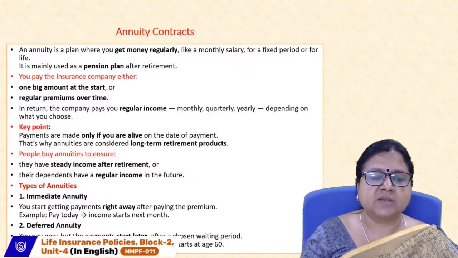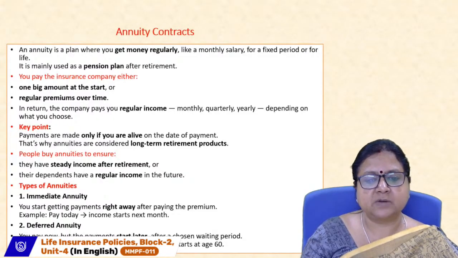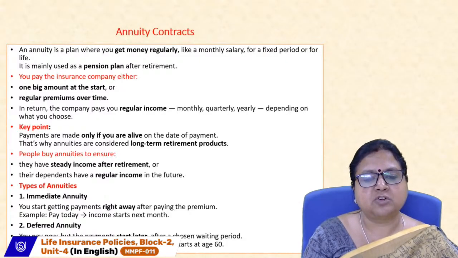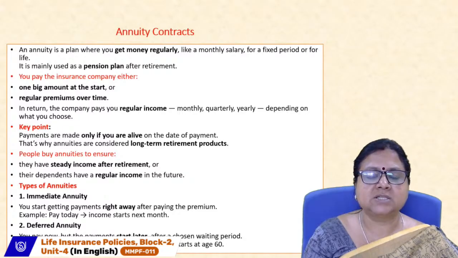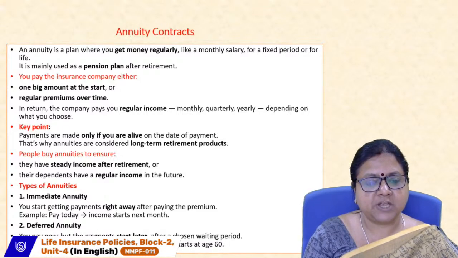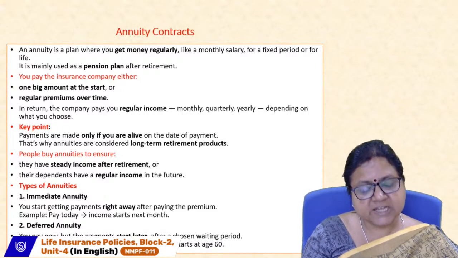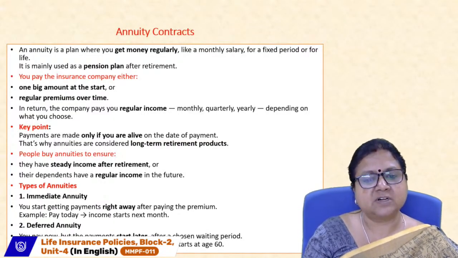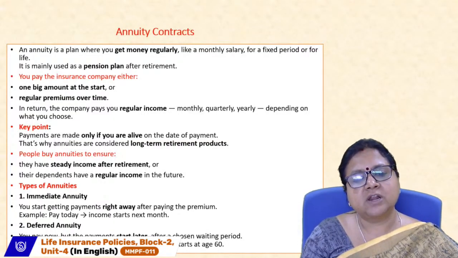Immediate means that after paying the premium, maybe a lump sum amount, you start getting your annuities maybe from the next month. Suppose you pay 10 lakh or 15 lakhs today, and from the next month you start receiving 2,500, 3,000, any equal amount every month.